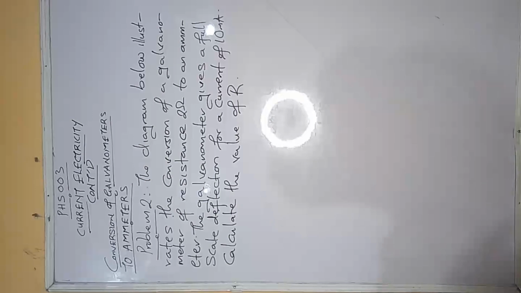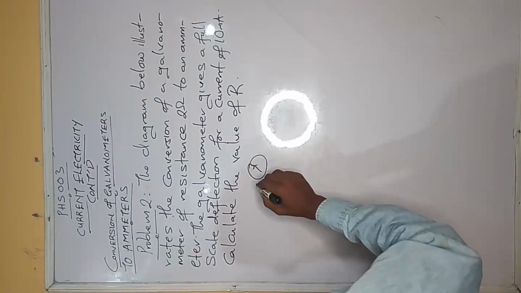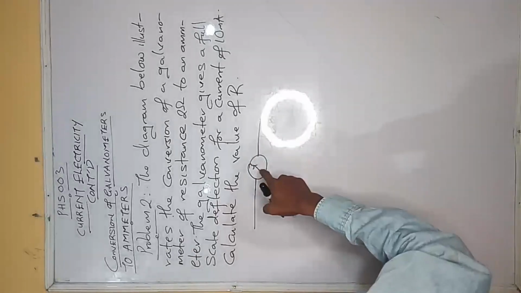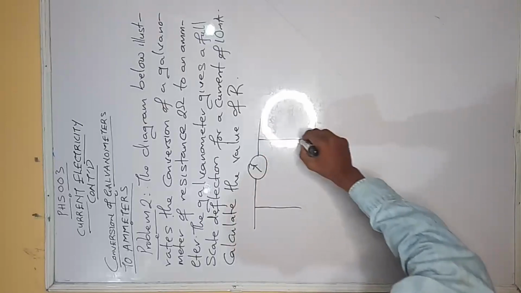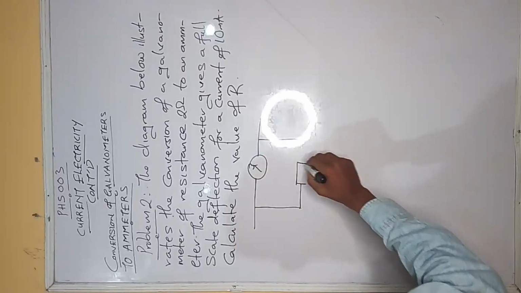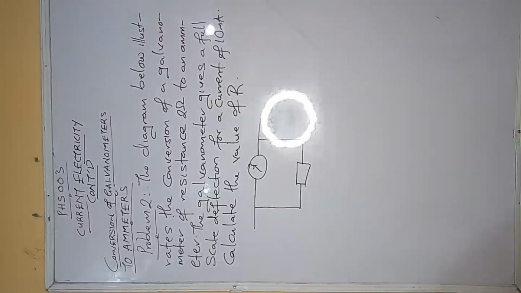They gave you the diagram. Jessica, you are just joining. The diagram is this. You have your galvanometer. This is another sign for galvanometer, don't be confused. And they drew the diagram there that is connected in parallel to this device, which is the resistor, we know.